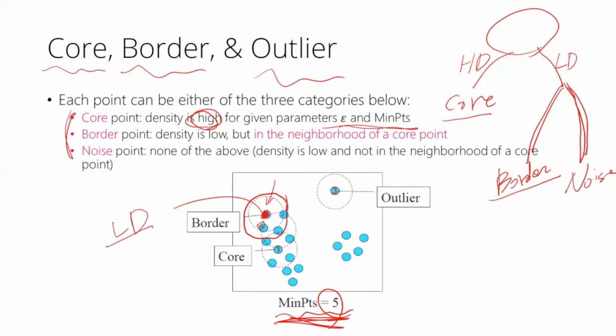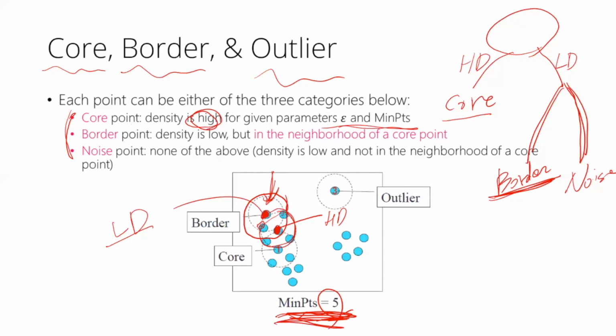But if you look at its neighbor, which is this point over here, then this one has 4 neighbors. So including itself, it has a total of 5 points in the epsilon neighborhood, and that qualifies as a high density point. So back to the point we originally started with, this point has a neighbor that is a high density point, a core point, and therefore this point is considered to be a border point.